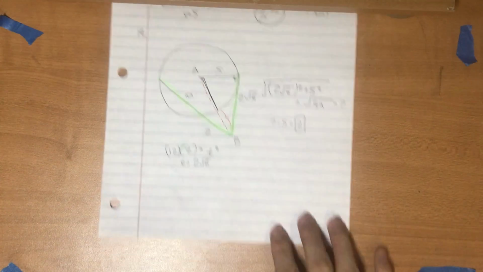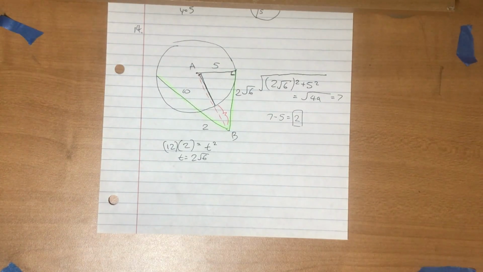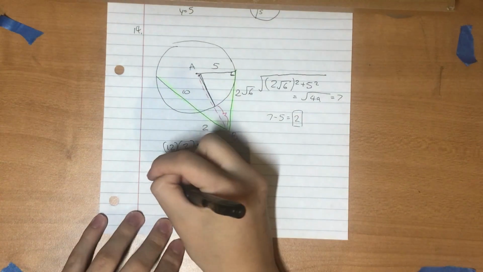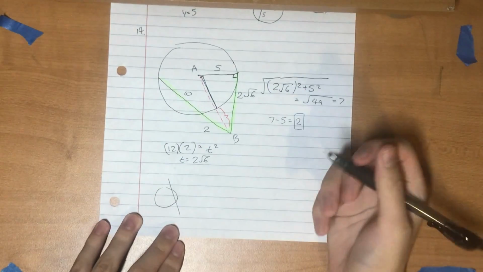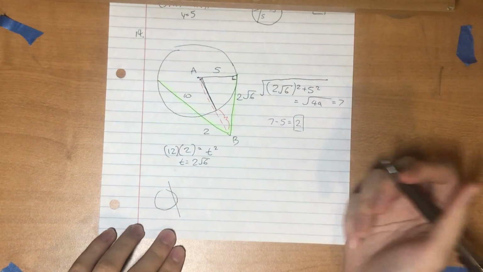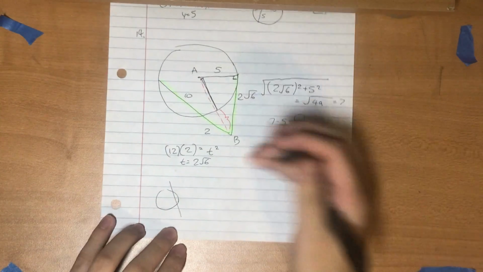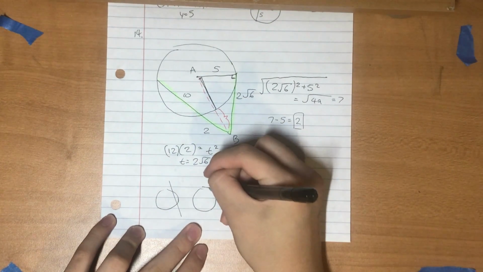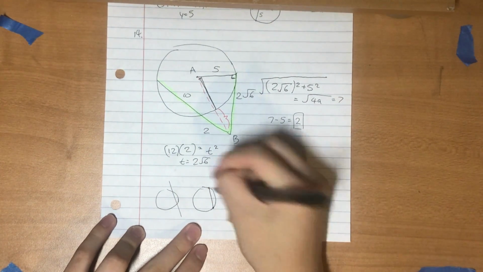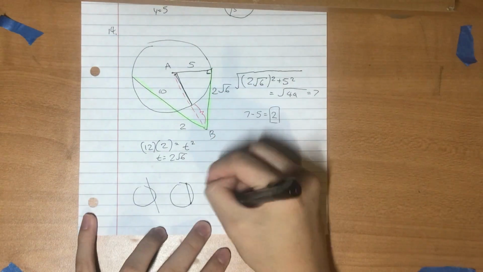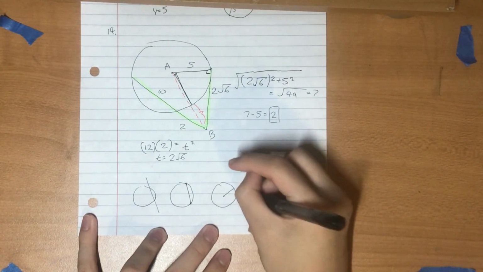And that's it for this practice problem set. Some good terms to know for this unit. That's a secant. Basically, the endpoints are not on the circle, whereas for a chord, the endpoints are on the circle. And then a radius and a diameter should be terms you're pretty familiar with.